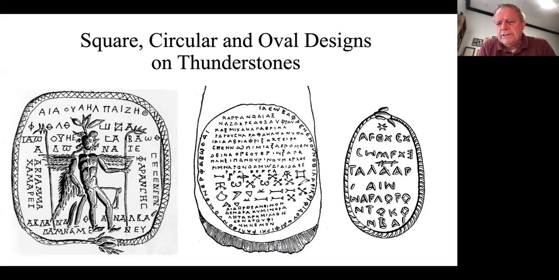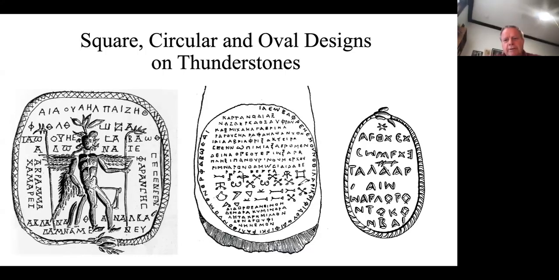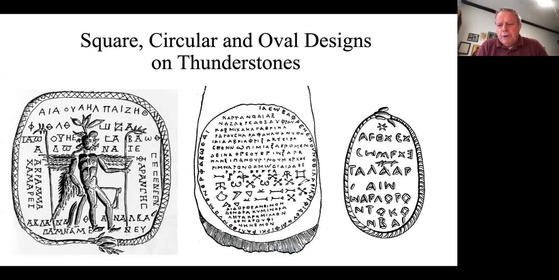They found a leather satchel that had deteriorated. Only the handle remained, but inside of it there were 6 thunderstones. So this was someone who was in the traffic and the commerce of thunderstones. I would say the inscribed ones are very rare. I think there's only 14 or 15 that are inscribed.